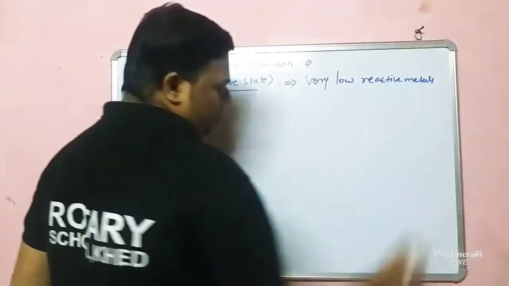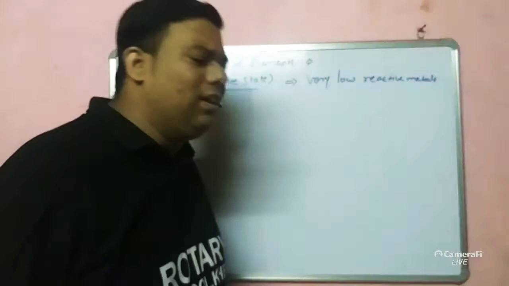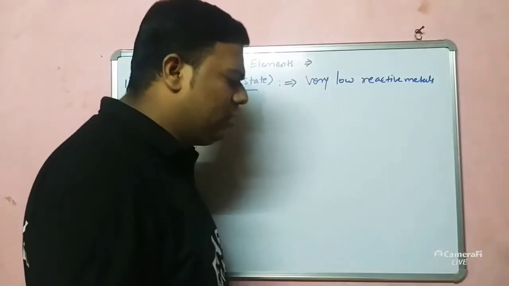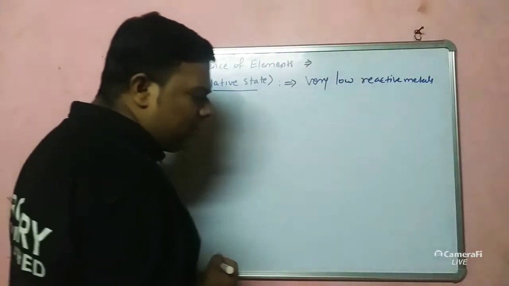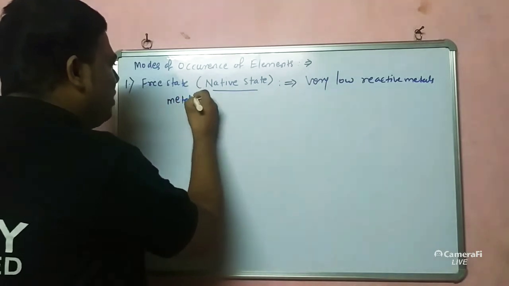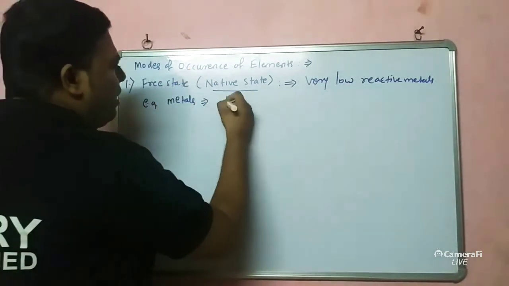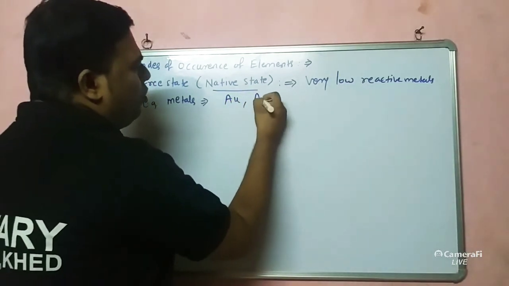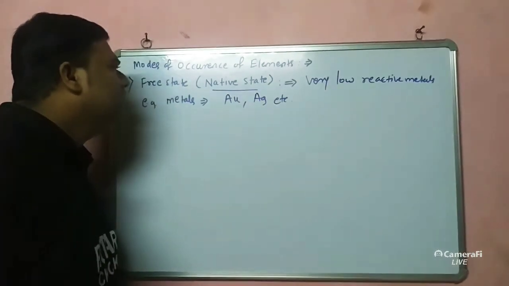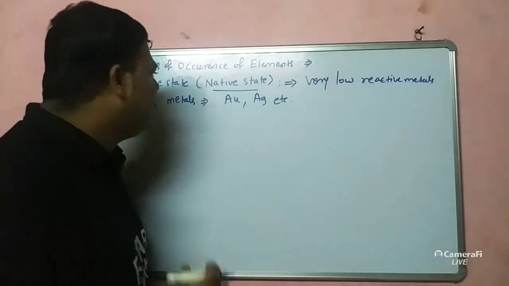I hope you understood. Such metals occur in free state, or native state. Examples of these low reactive metals are gold, silver, etc.